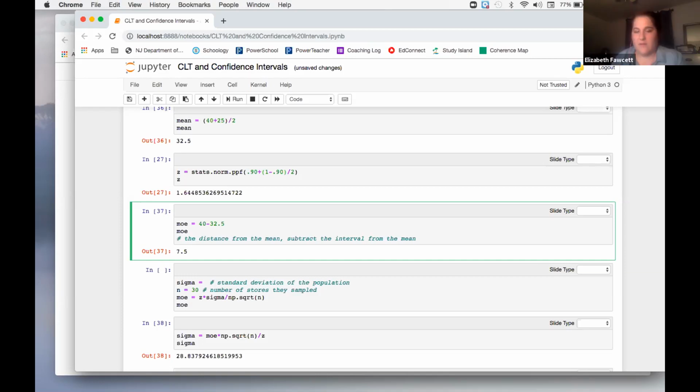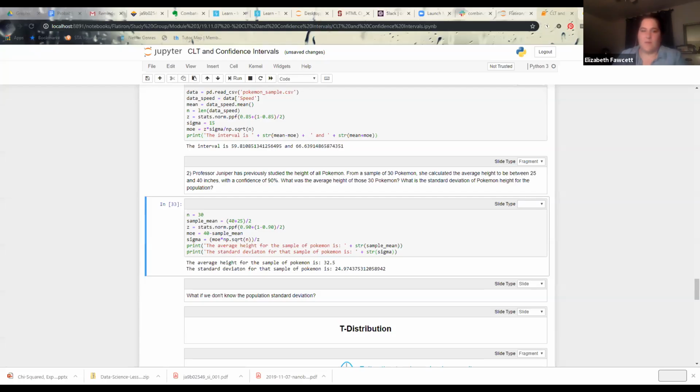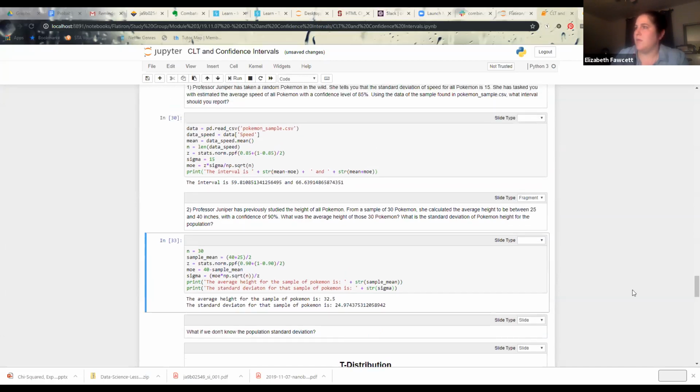Okay. I got a different number for mine. Okay. Do you want to share your screen and show us? Yeah. This is what I have going on. So I set up my n and I set up my sample mean. Thanks for the pro tip to make sure that's added.